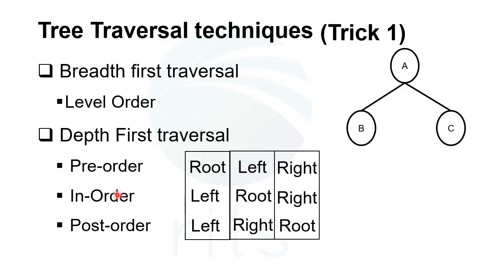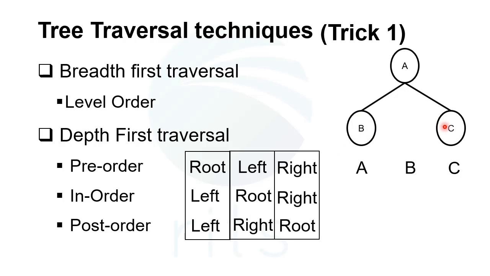Now let's apply these traversals on this three node tree. So for pre-order, we know that the order of traversal is root, left, right. So the output becomes A, B, and C. Similarly, for in-order traversal, we need to traverse it like left, root, and right.